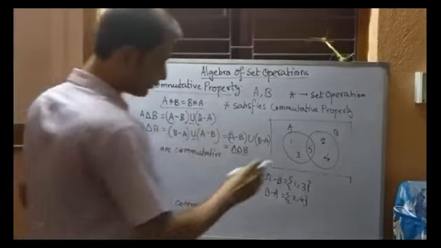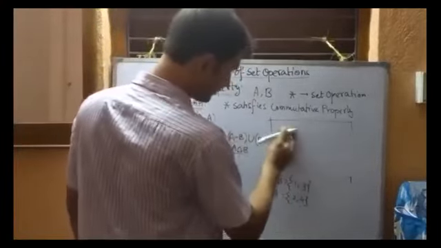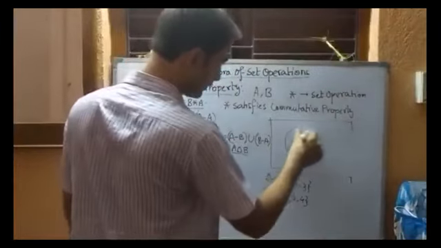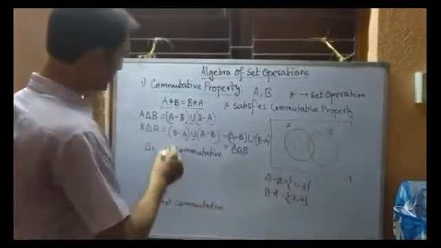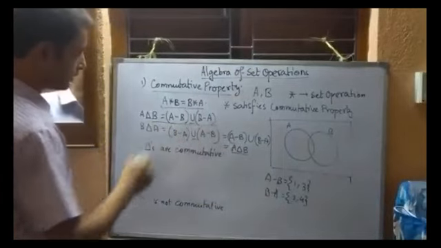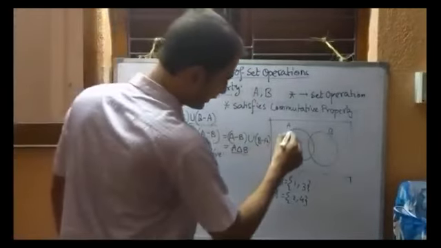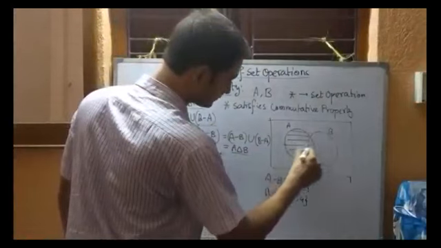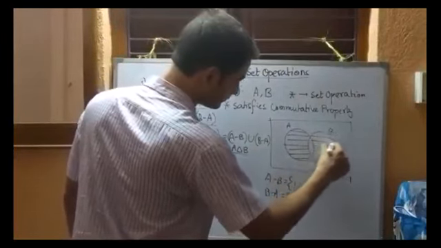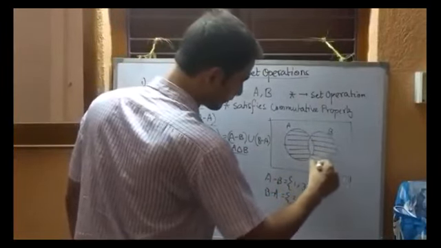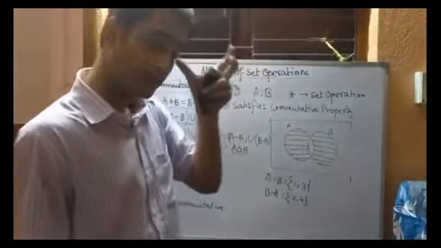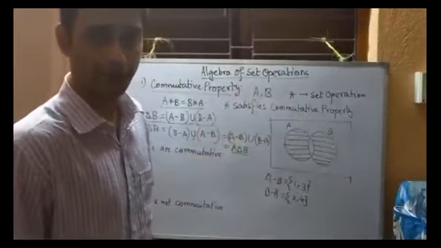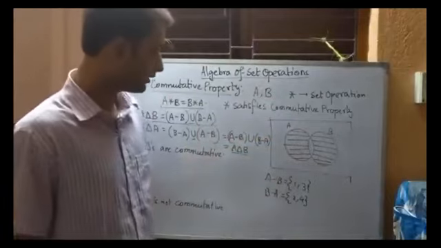In the Venn diagram also we can show this. If this is A and this is B, then the definition for A delta B says the Venn diagram will be this. Only the intersection portion will not be in the shaded region.